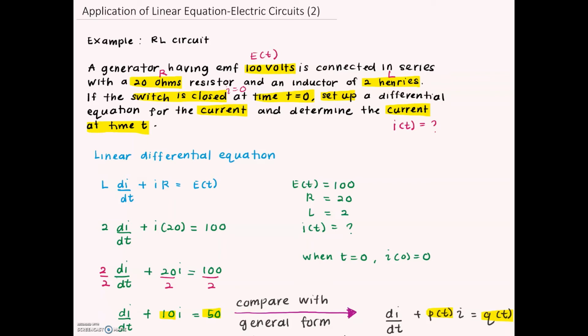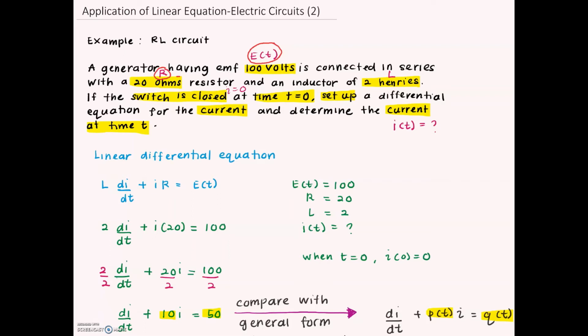If we represent it here, the 100 volts is your energy, and the ohms is for the resistor; you just identify the units.